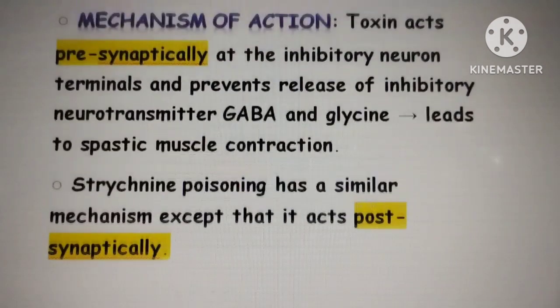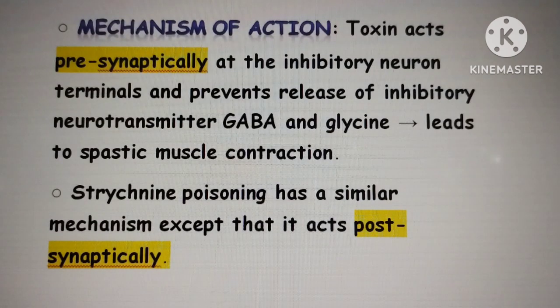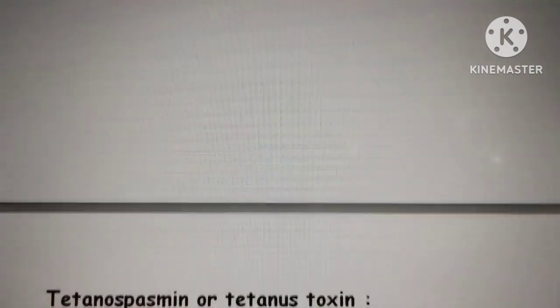Just for completion's sake I am mentioning strychnine poisoning; they won't ask it in microbiology, but it is important in forensic medicine. So presynaptic is tetanospasmin, whereas postsynaptic is strychnine poisoning.